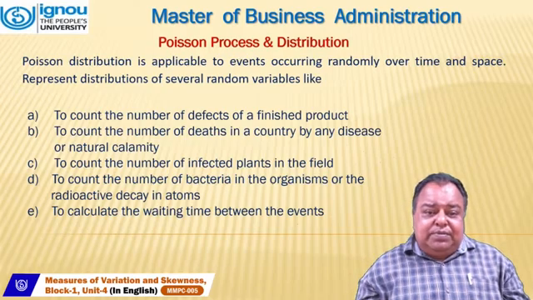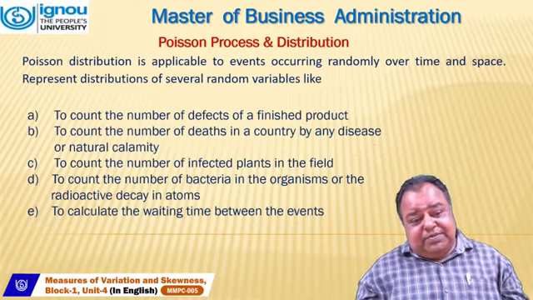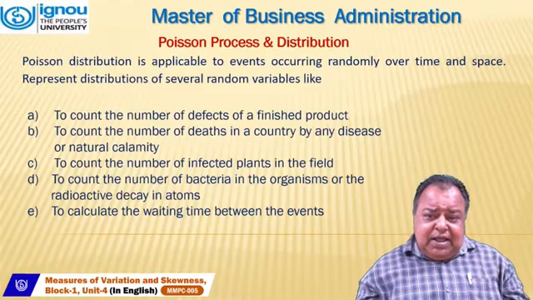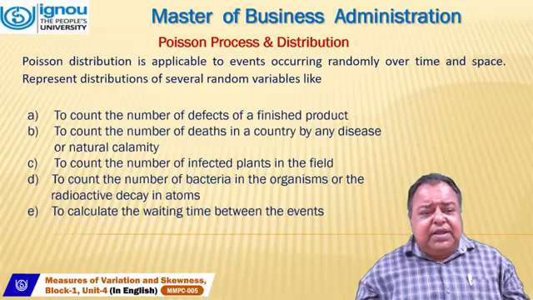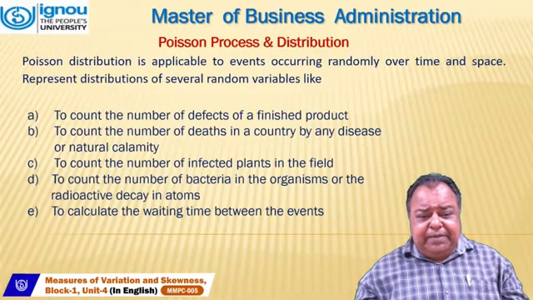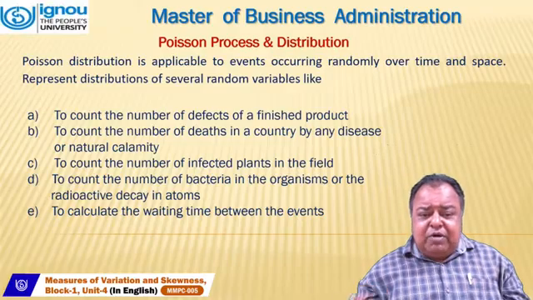Then comes Poisson process and distribution. Poisson distribution is applicable to events occurring randomly over time and space, such as repeated distribution of several random variables, like counting the number of defects of a finished product.